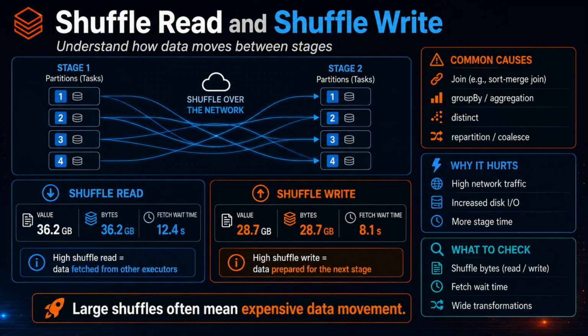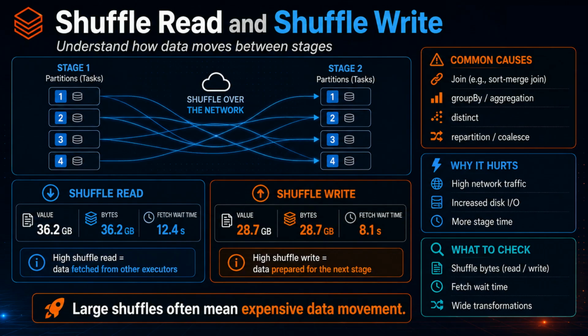Shuffle is one of the most important signals in Spark UI because it shows how much data is moving between stages. Shuffle read means data is being fetched from other executors for the current stage. Shuffle write means data is being prepared and written for the next stage. You often see shuffle during joins, group by operations, aggregations, distinct, or repartitioning. Why does this matter?